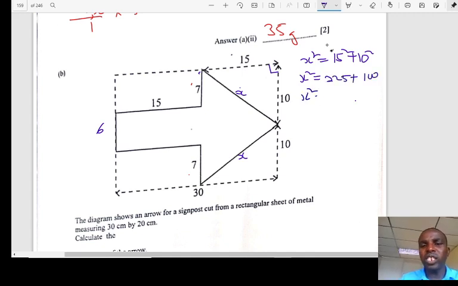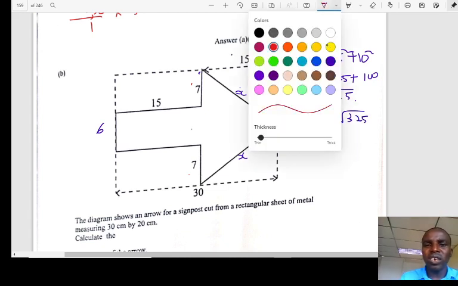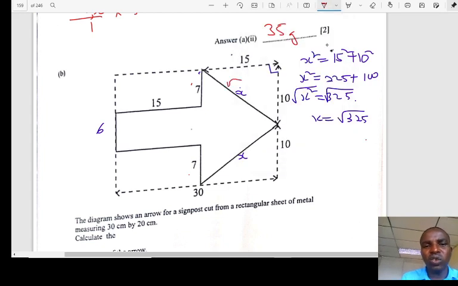Then x squared is equal to 325. To get x, you put square roots. So x is the square root of 325. Just leave it like that.